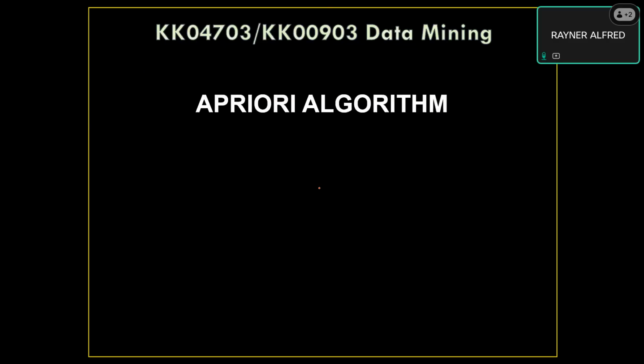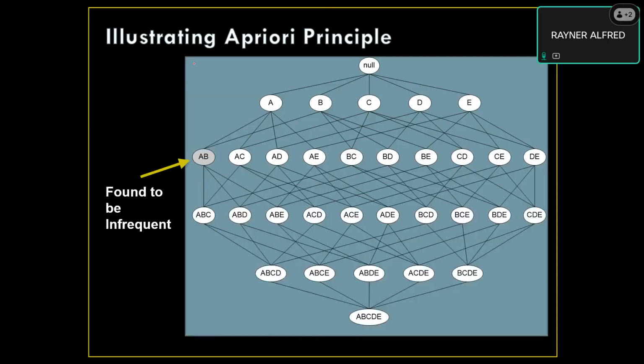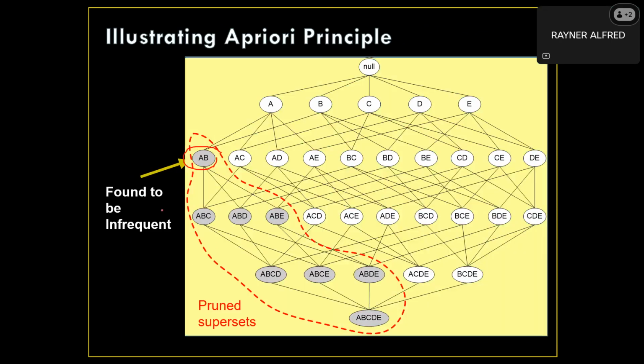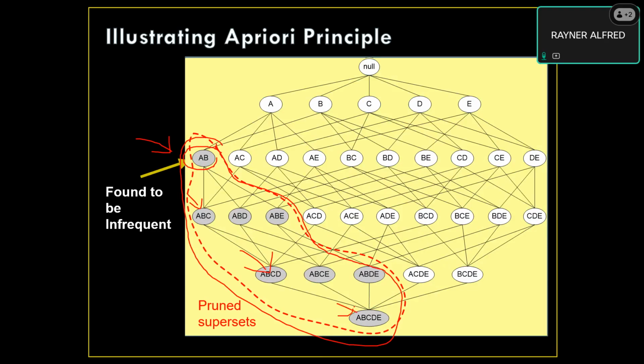Okay, so they have this Apriori algorithm. For example, if this is not frequent, which means its support is not greater than the minimum support, then if you have more items here, all of these are not frequent anymore, because the support here is bigger than the support of the 3 item sets, 4 item sets, and 5 item sets.